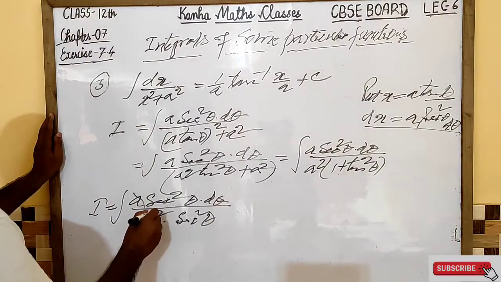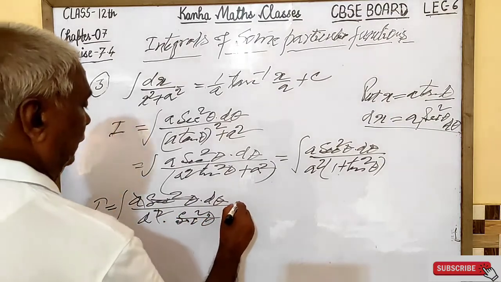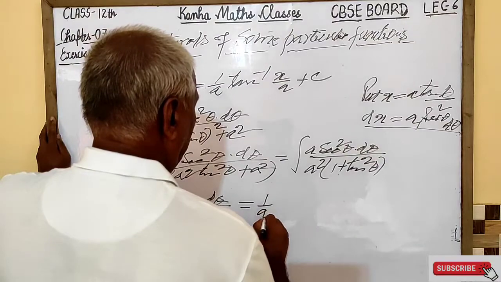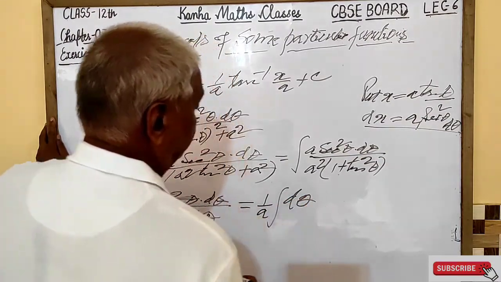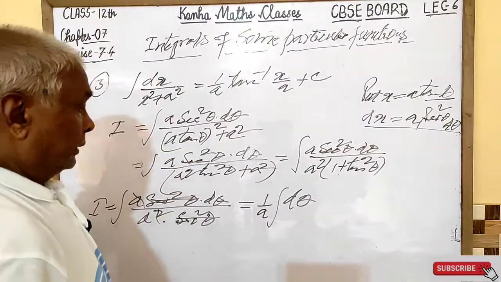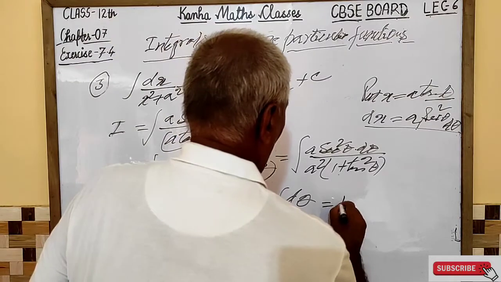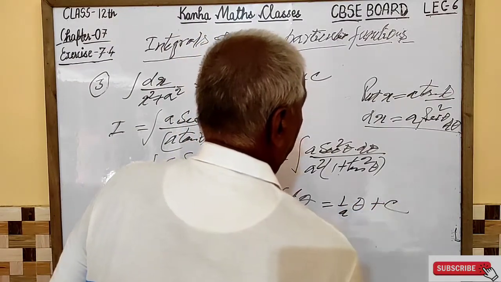Here a will be cut by this a square, sec square theta by sec square theta. We will be left with 1 upon a, and here we will have only d theta left. You know the integral of d theta is equal to theta, 1 upon a theta plus c.